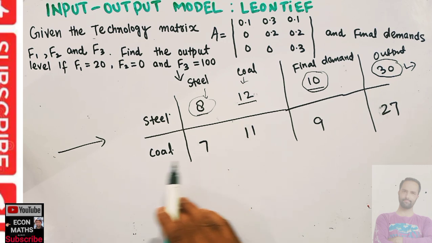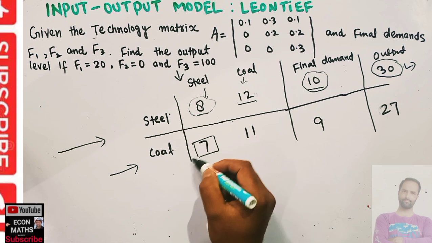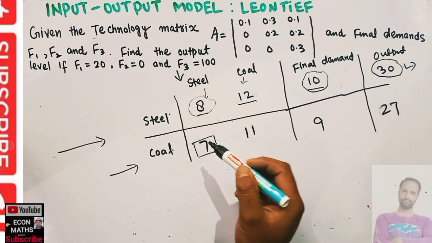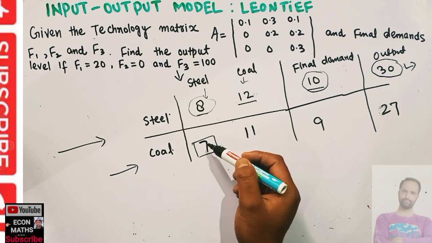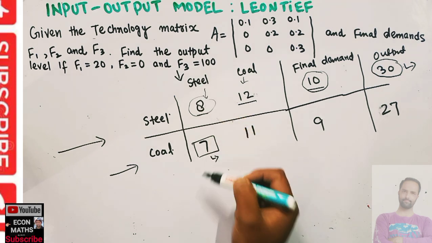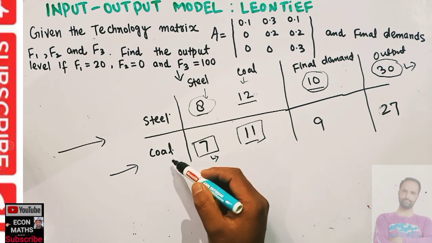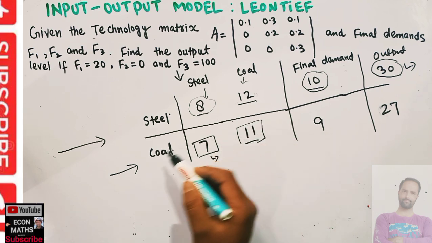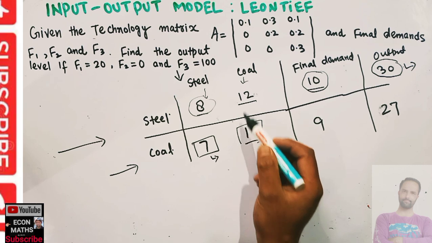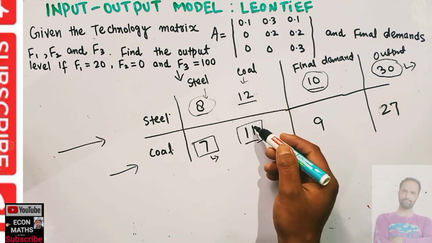Similarly, we have the coal industry. If you want to interpret here, this 7 simply denotes that we need 7 units from the coal industry as an input for the steel industry. And this 11 shows that 11 units of coal are used by the coal industry for itself, that is, for self consumption.